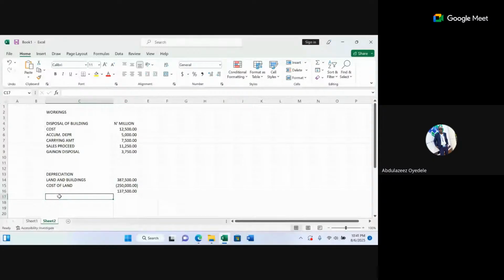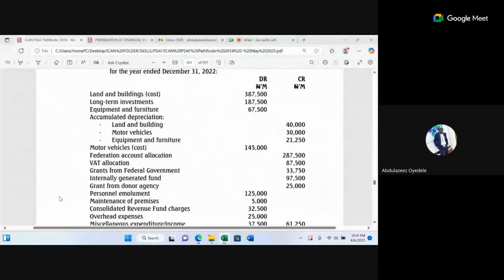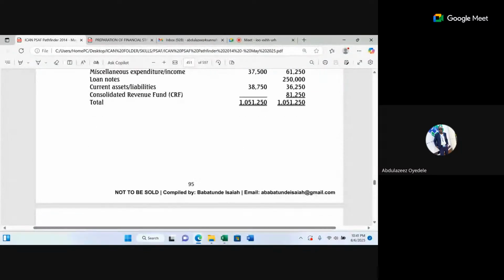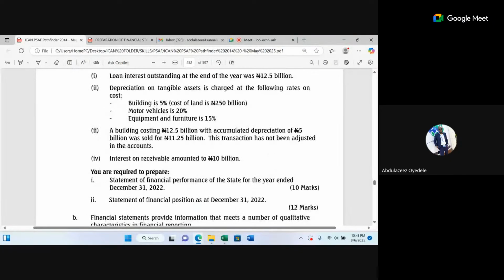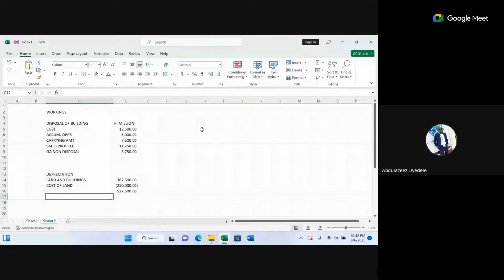So it is on this cost of building that we are expected to calculate our depreciation. Meanwhile, we are already told that during the year they disposed of a building that cost 12.5 billion. All right. So we need to deduct that as well, because a building that is already disposed of, we cannot be charging depreciation on it any longer.